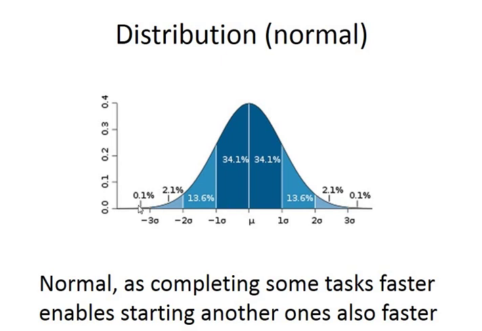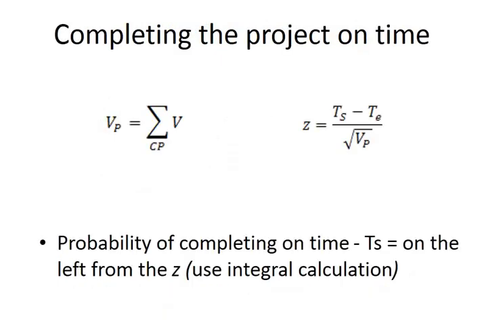Well, this is because some of the tasks can be completed shorter, faster, and some will be completed longer, but if there are plenty of tasks, it goes to normal. I mean, the shorter task can give more time for the longer tasks, so it looks just like that, and we can calculate everything using maths.